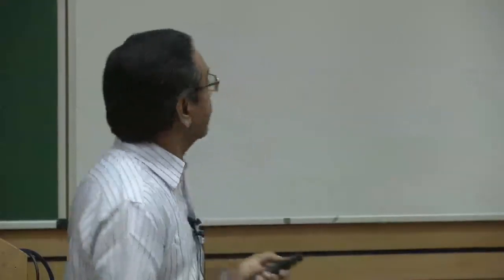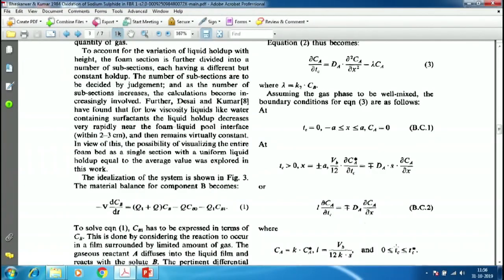One will be at the surface, that is the interface between liquid and gas. The other would be the mid plane. Or equivalently, if you take the entire film, then at x equal to plus a and x equal to minus a, what are the conditions? It is symmetry. So, you can work with either half film or full film.